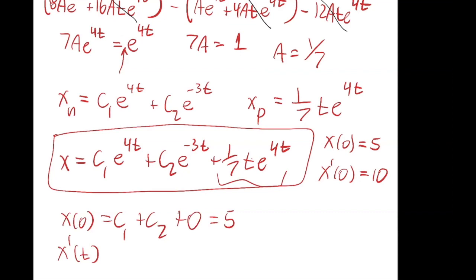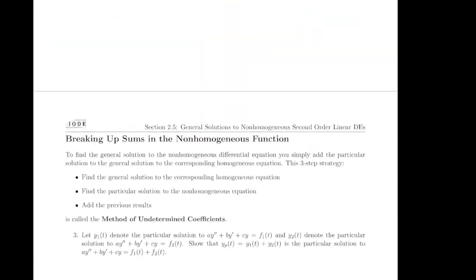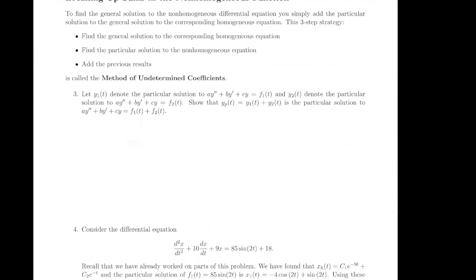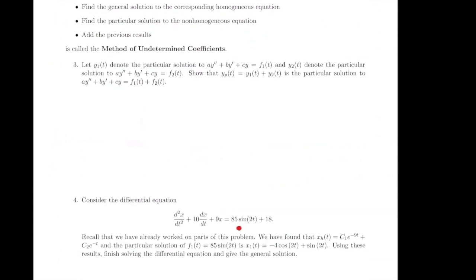Okay, any other questions? Okay, so now I want to think about what happens when we have a forcing function like the one that you can see down here in 4, where we have a sum of two different types of functions, right?